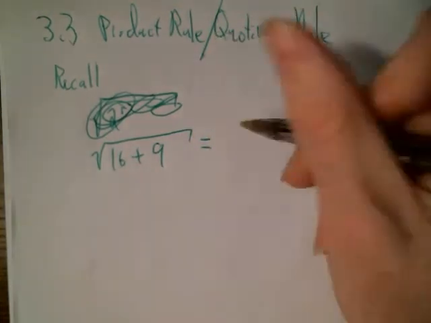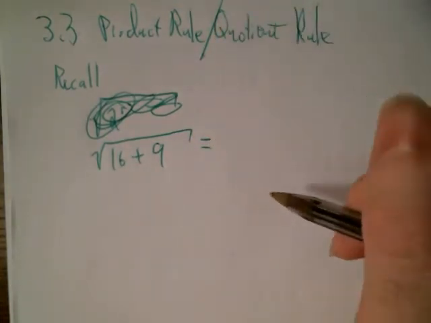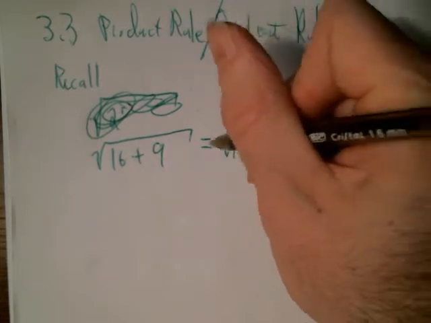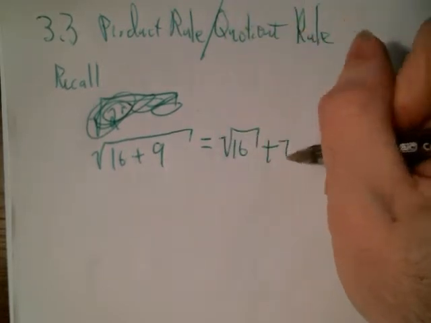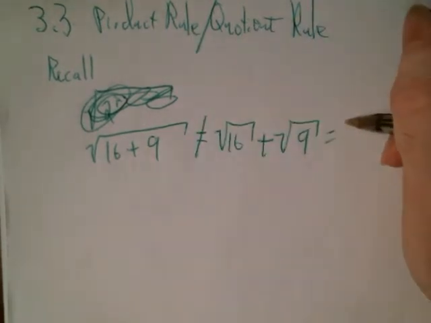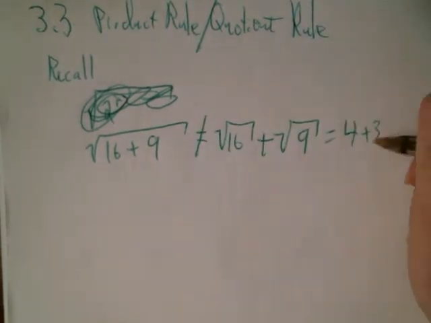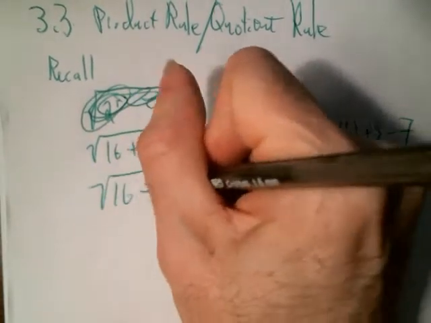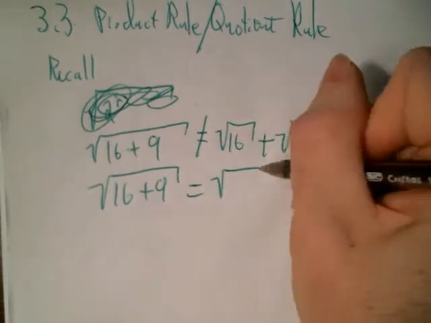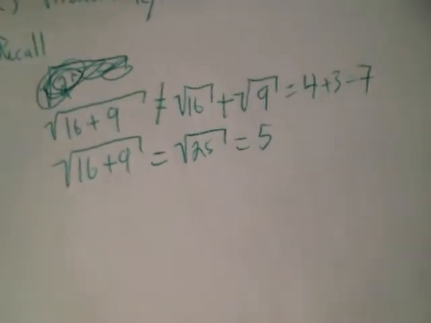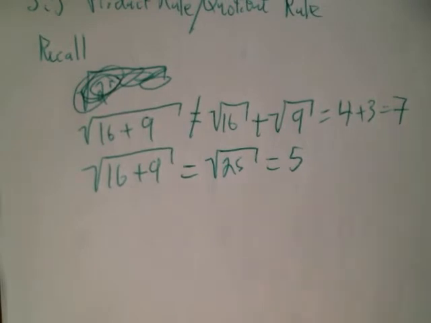And hopefully you don't think that's equal to the square root of 16 plus the square root of 9. This would be not true. It's not equal to 4 plus 3, which is 7. No, clearly if you were to add 16 plus 9 in there, you get square root 25, which is 5. Okay. So this is definitely not going to work for us.